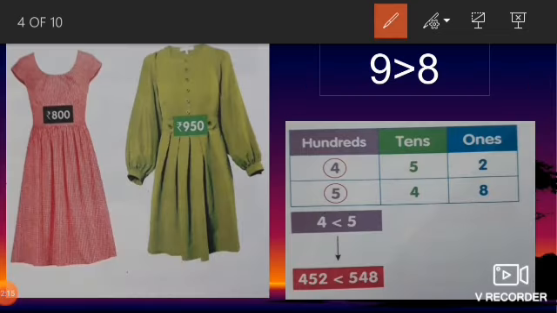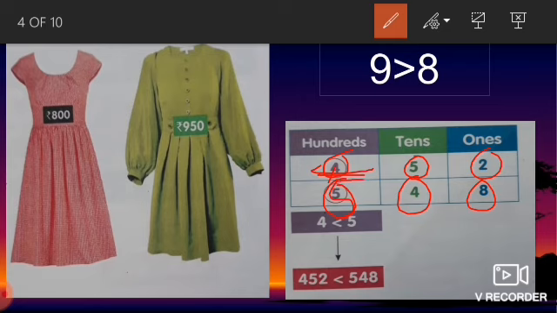First of all, write the two numbers in place value chart. As you can see, I have written 452 and 548. Now compare both the numbers. In hundreds place, the number is 4. In the same hundreds place, the number is 5.